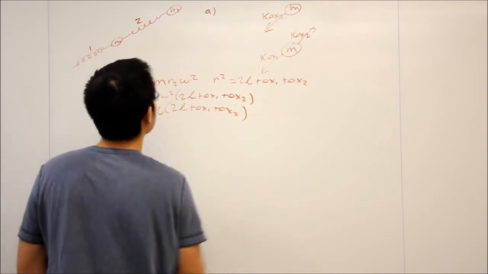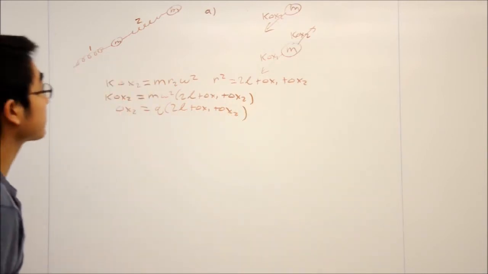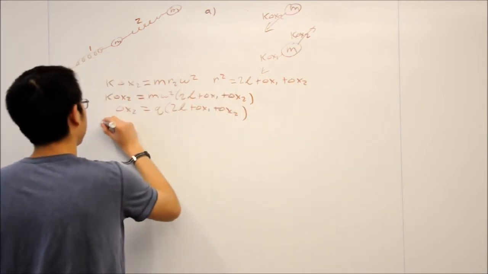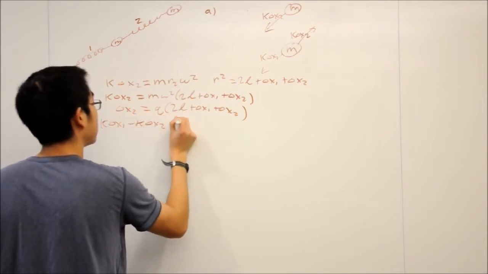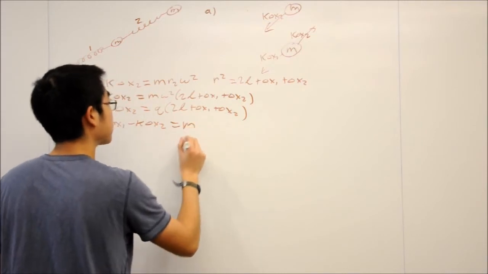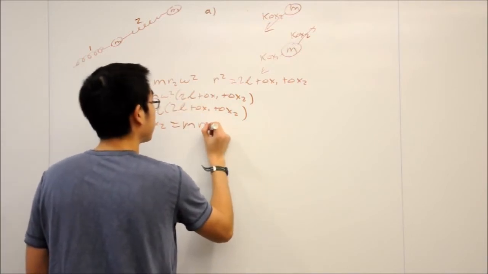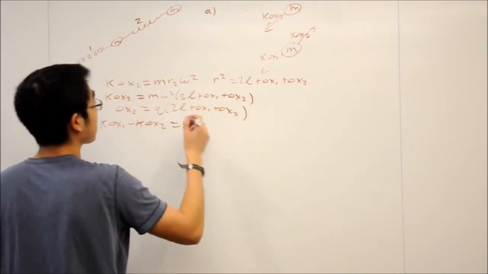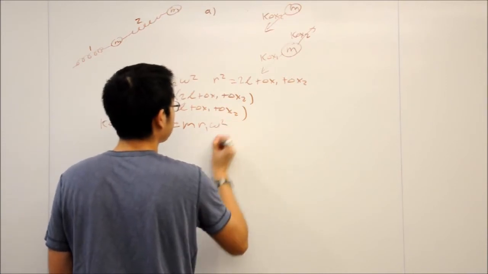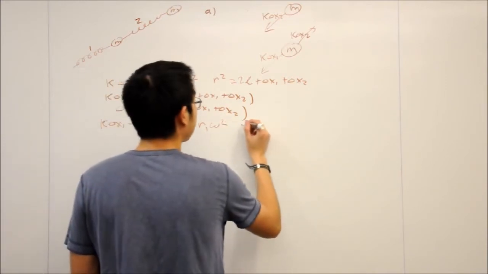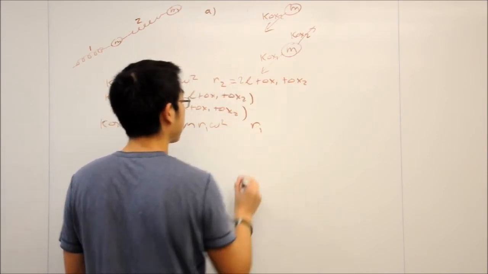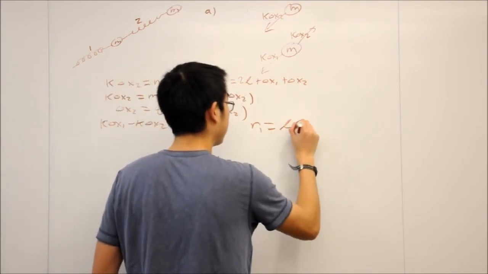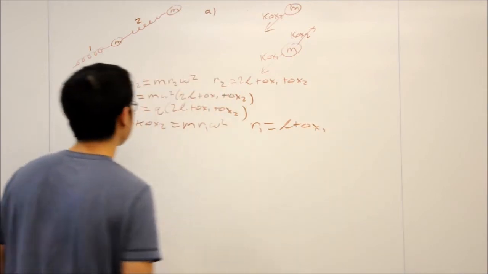Now from the second isolation diagram, we have that the net force, which is k delta x1 minus k delta x2, is equal to the mass times acceleration, which in this case is the inner radius r1 times omega squared. So this should be r2. Now the inner radius r1 is given by L plus delta x1.